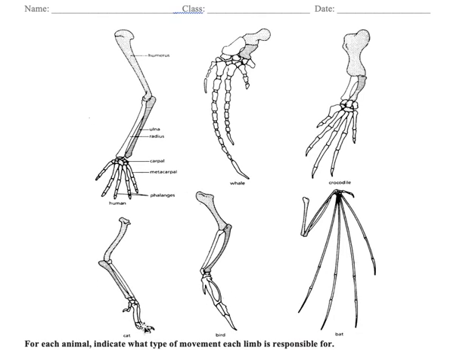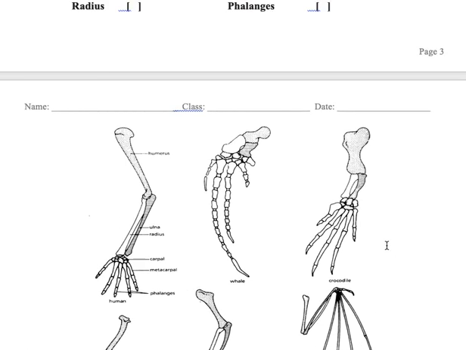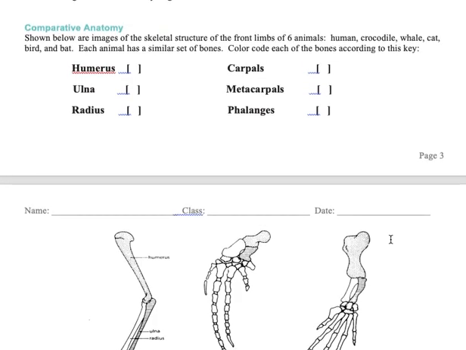Your phalanges on the cat leg are here. They're attached to, again, the metacarpals. You have phalanges here in the bird wing. And these bones that are attached to the metacarpals in the bat wing are here. These are your phalanges.